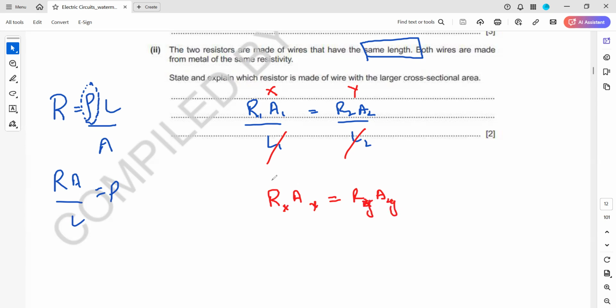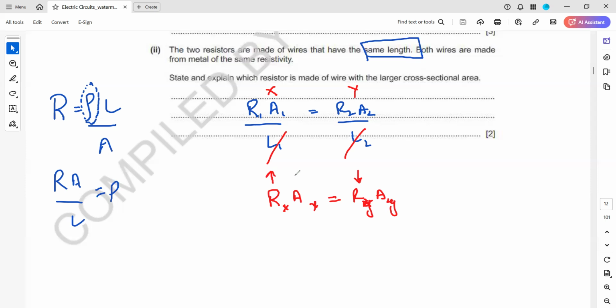In the question, they mention that the resistance of X is greater and the resistance of Y is less. Because we want the same product, the product of the resistance and area should be the same for both.